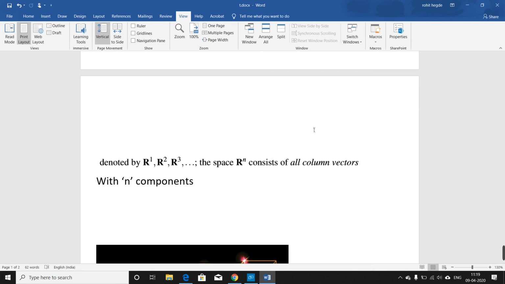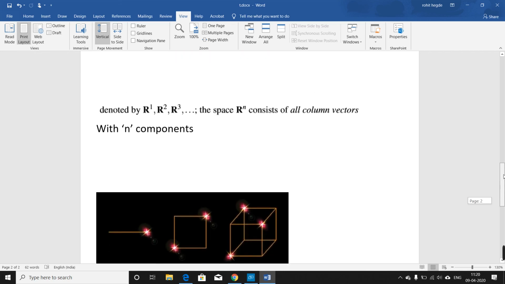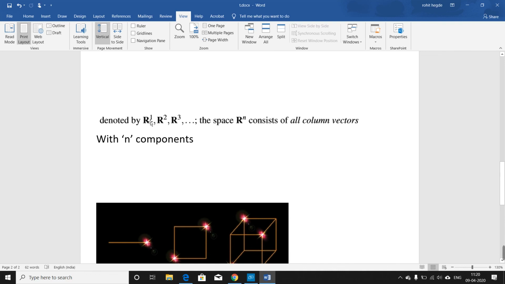R1 is a one-dimensional vector, R2 means 2 dimensions, R3 means 3 dimensions. Usually we can visualize only up to 3 dimensions, but there are 4 and 5 dimensions as well. So it is denoted by R1, R2, R power 3 up to R power n.